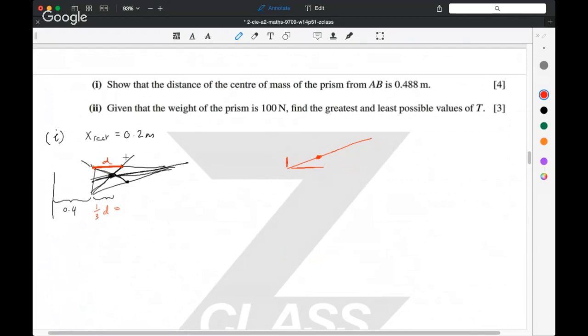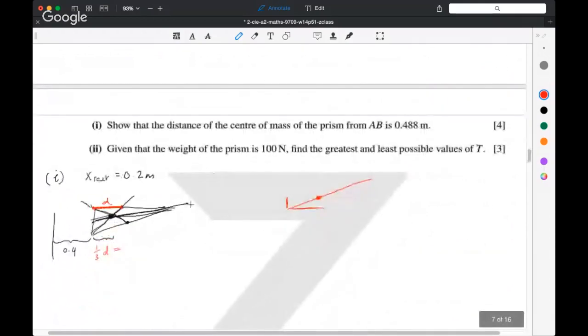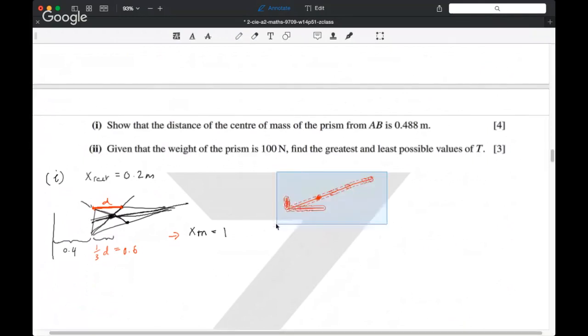So this is D. So it's going to be 1/3 of this line here at the top. So it's 1/3 of 1.8, which is 0.6. So this means that x of the triangle is 0.4 plus 0.6, which is 1. Okay, great. Let me just get rid of this.